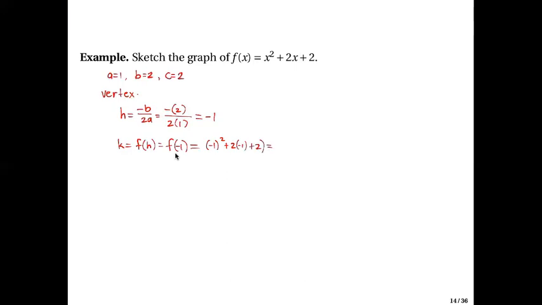And this is equal to positive 1. Which means that the vertex here, (h, k), is (negative 1, 1).